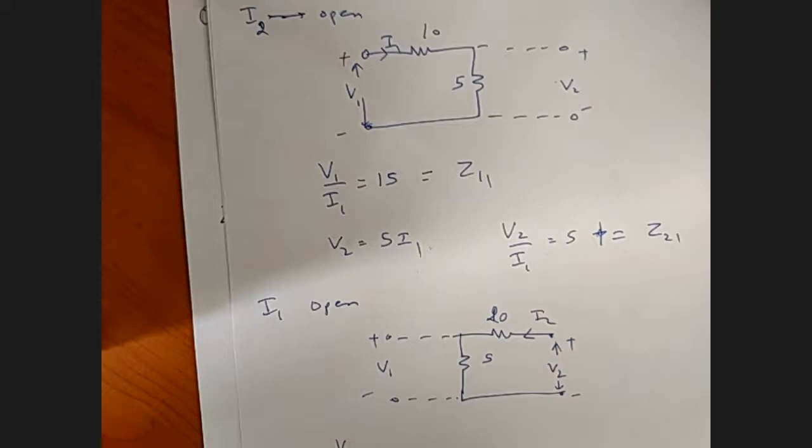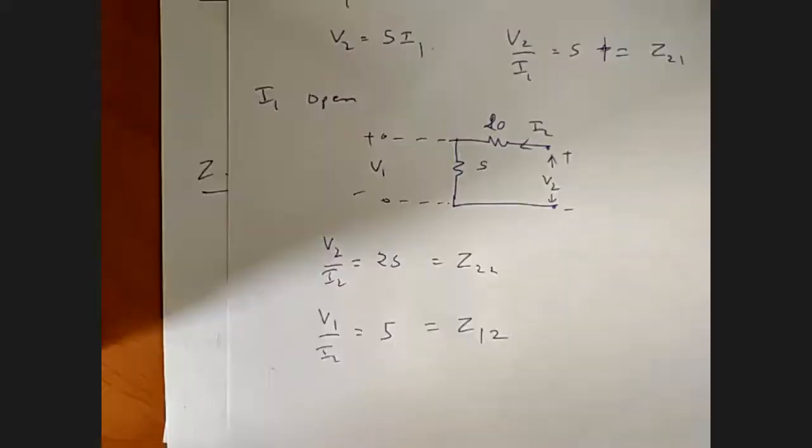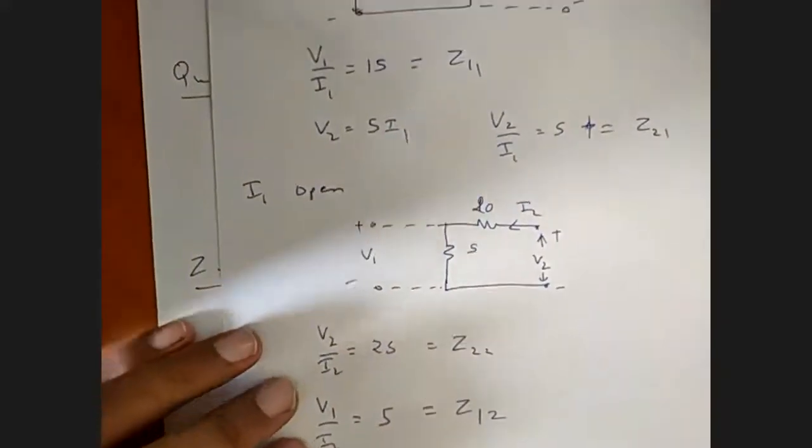and V1 upon I2 will become 5. That means Z12. So this is how we can directly use. So these are two methods.